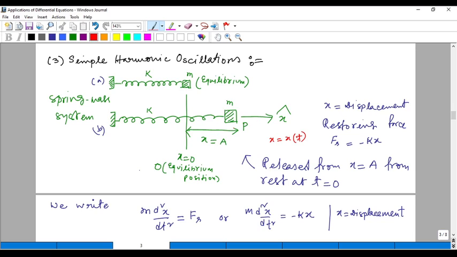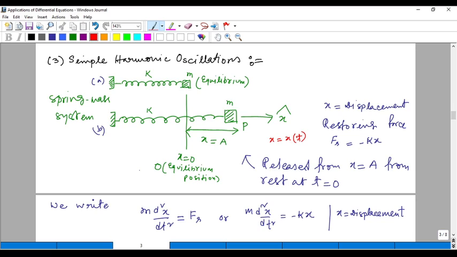You see that this mass is displaced from the origin, that is x equal to 0, and we can say that x is the displacement. Here the displacement is 0 at the equilibrium position, and the displacement x is equal to a at this position. So we can say x is a dependent variable and it is a function of time t.